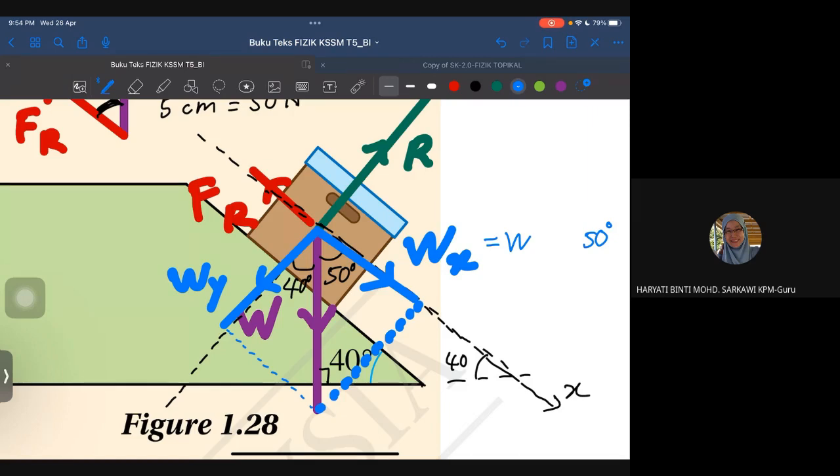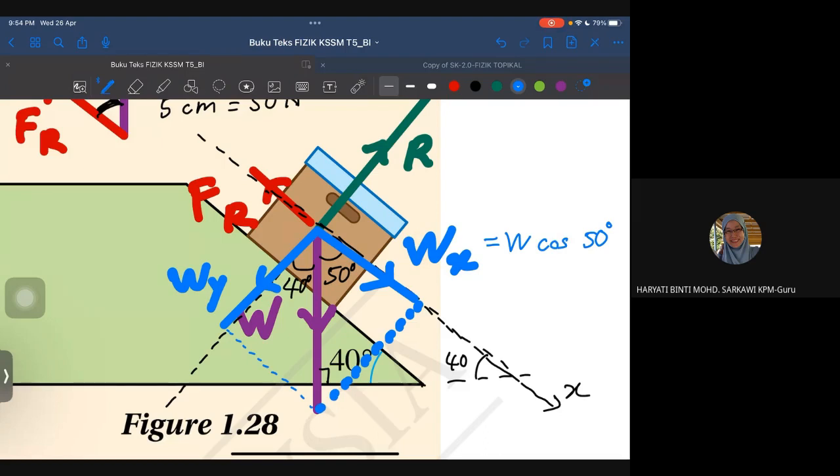Cos. Okay, why cos? Because of adjacent, right? If you are using 50 degree, WX is adjacent to 50. So that's why we use cos.